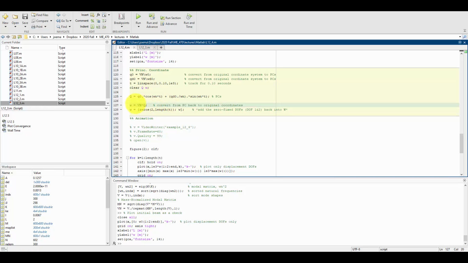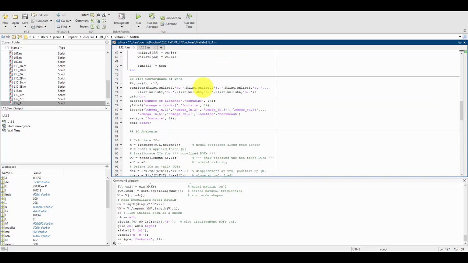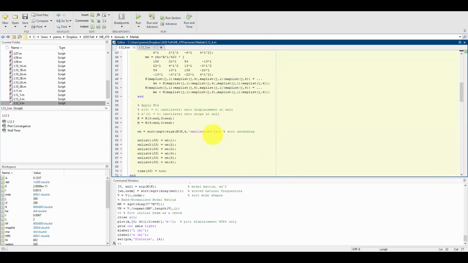So at this step, with 127 complete, I now have all of my degrees of freedom in my original coordinate system solved for. The evens being the angular displacements and the odds being the vertical linear displacements. But what I have to do, kind of this extra step, is I now have to put back in those degrees of freedom that were fixed, the ones that I took out all the way back here when I did my finite element analysis.